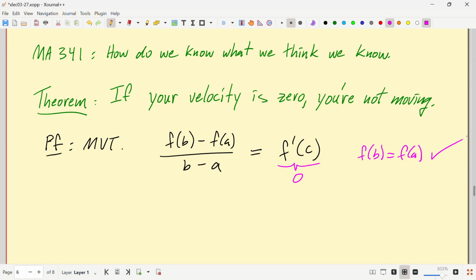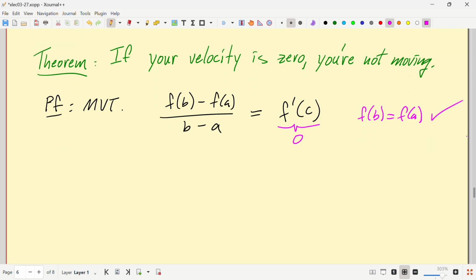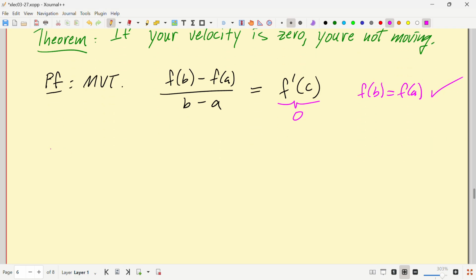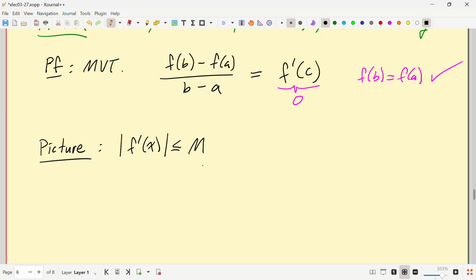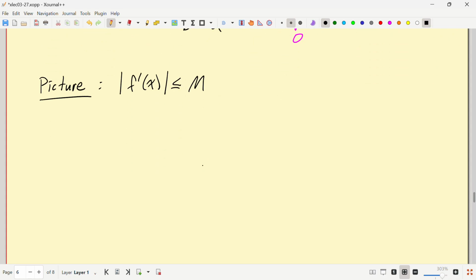But it's also a surprisingly useful theorem when you're estimating functions. So let's suppose an important picture. If f prime of x is always bounded by something. So we're assuming f prime of x exists and is bounded by m. Then the picture here would be, especially in differential equations, you see this picture all the time.